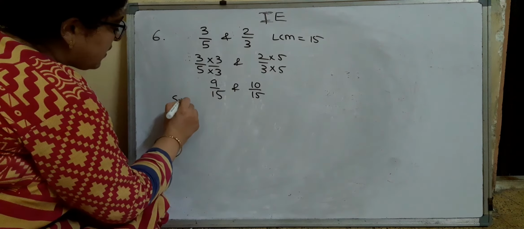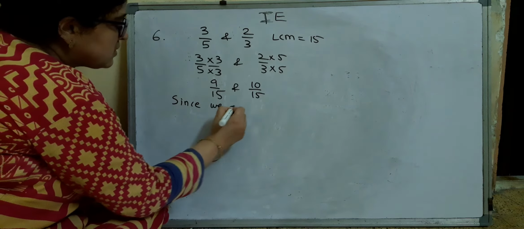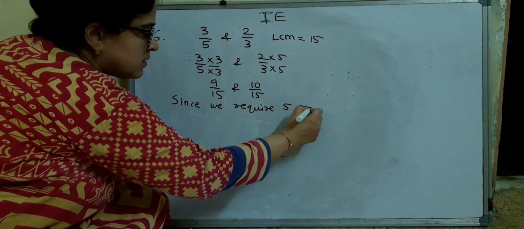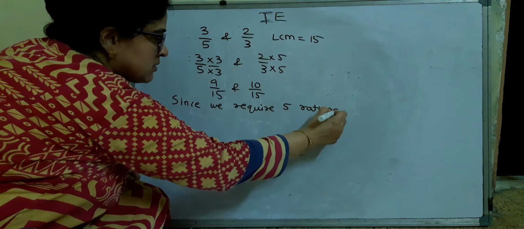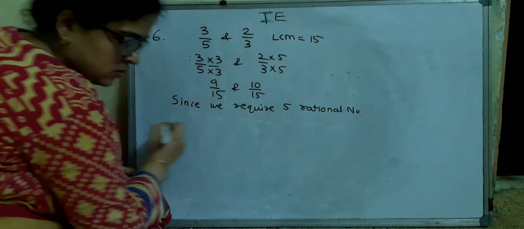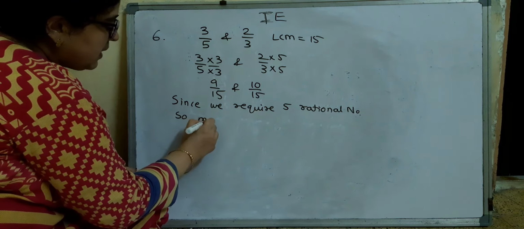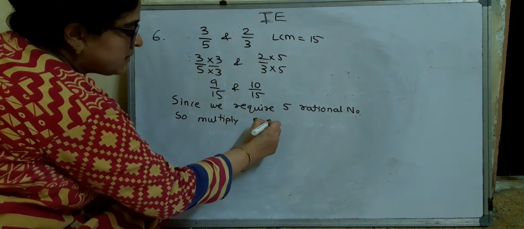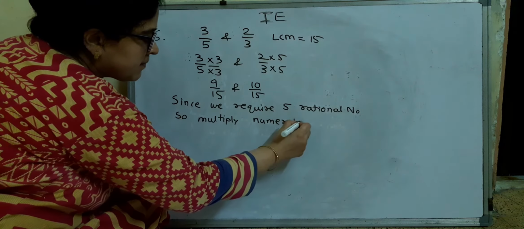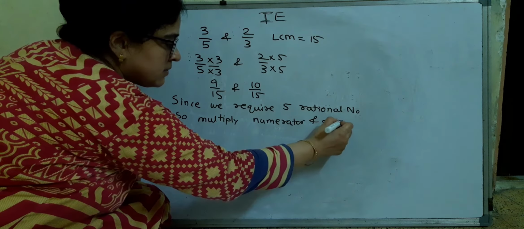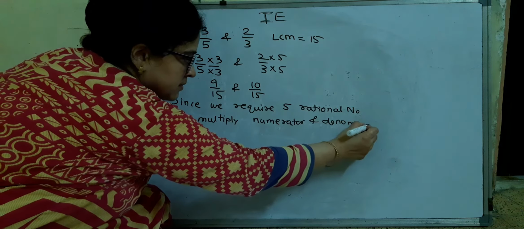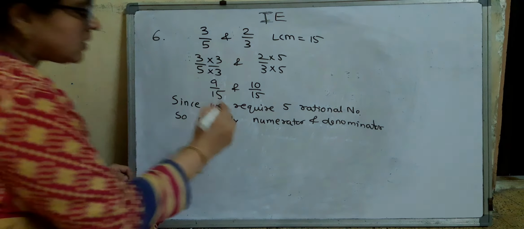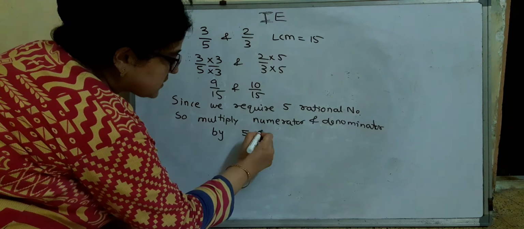Now since we require 5 rational numbers, multiply the numerator and denominator by 5 plus 1, that is 6.